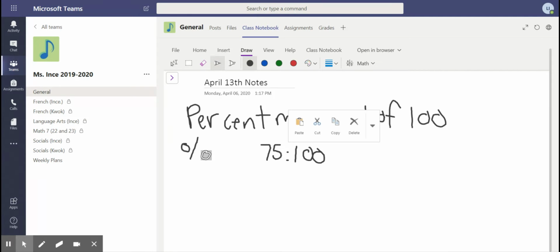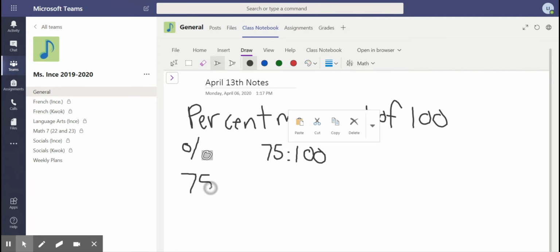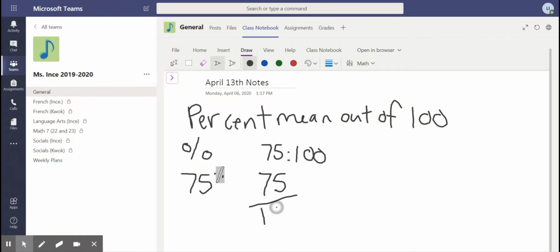That is also the same as 75%. Also the same as 75 over 100. So basically, a ratio is a fraction that is turned on its side like this with a colon in the middle, instead of having your numerator on the top, a line, and your denominator on the bottom.